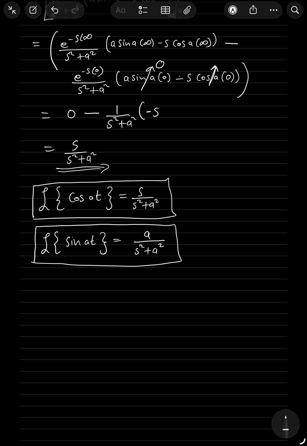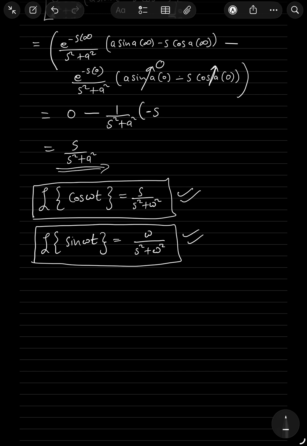Normally, you need to remember these, and they are very important. Sometimes instead of a, we can use omega. Let's just use omega, which still represents a constant, so this is going to be omega, and this is going to be omega squared.